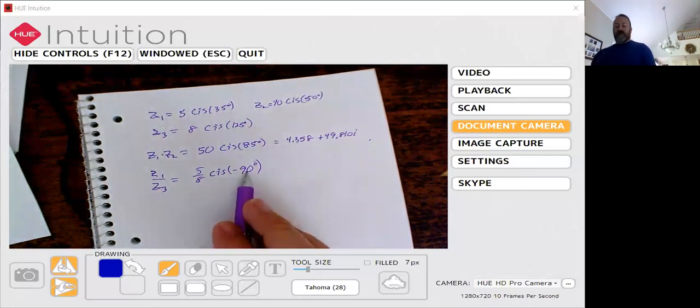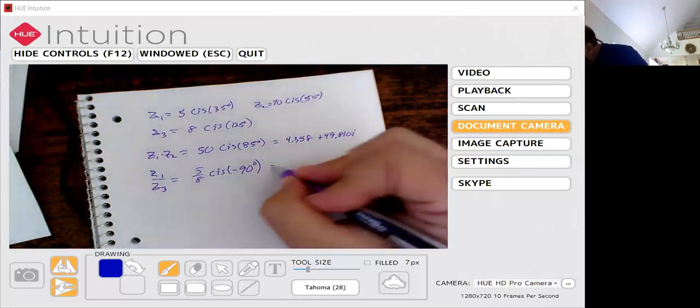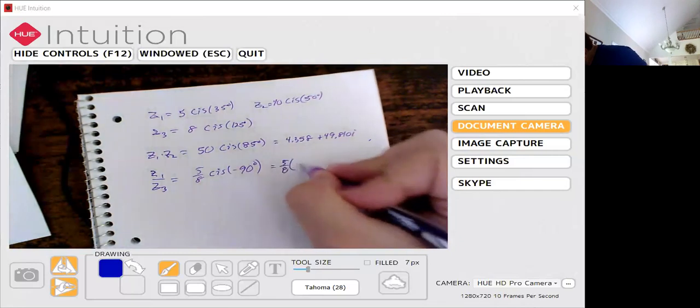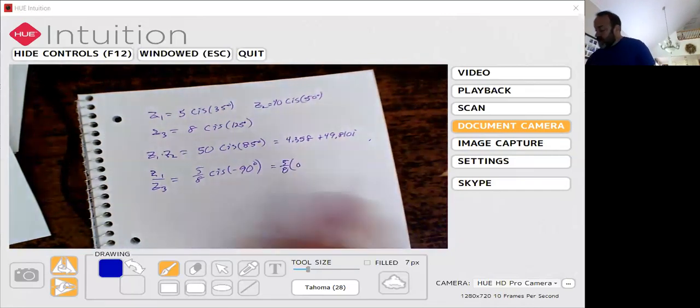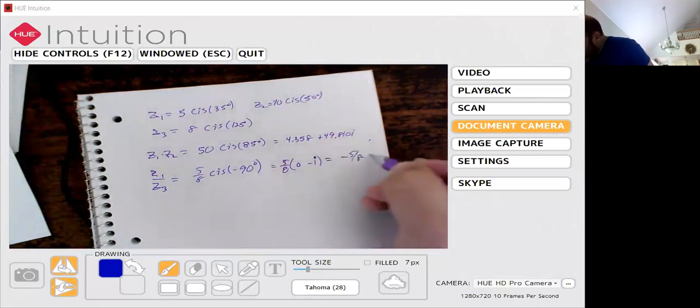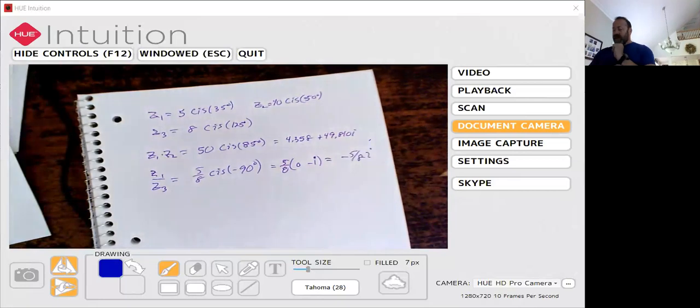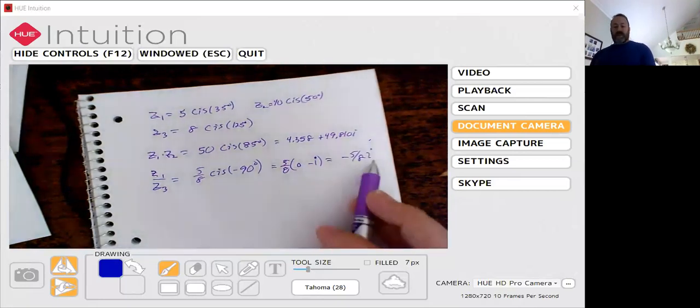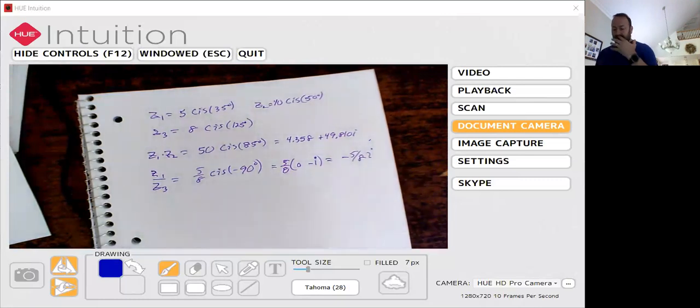Turns out the cosine of negative 90 is 0, which is kind of cool. And the sine of negative 90 is negative 1. And so that result, if you do the math on that, you just get negative 5/8 i, which is actually kind of cool. You could put 0 minus 5/8 i, but you don't really need to.